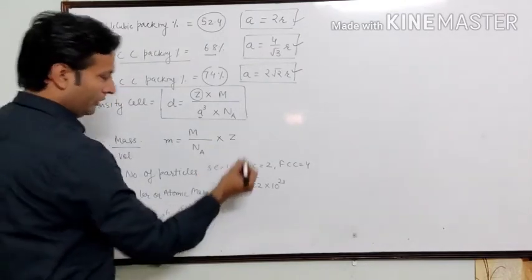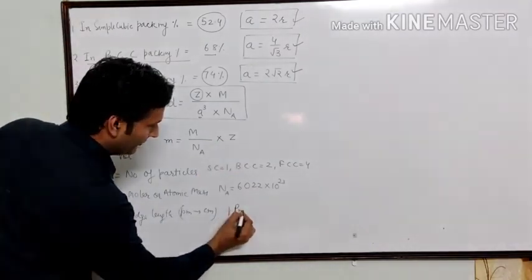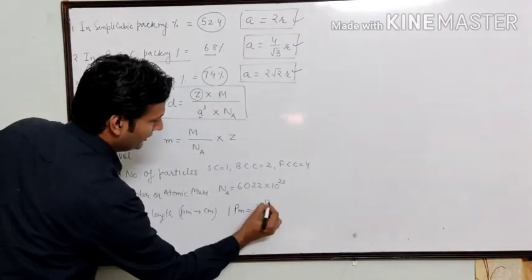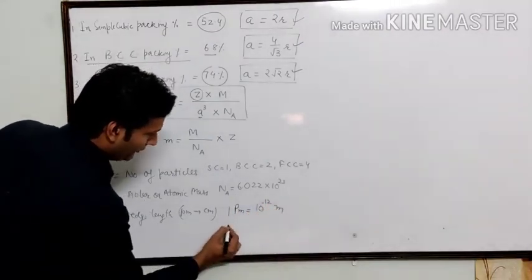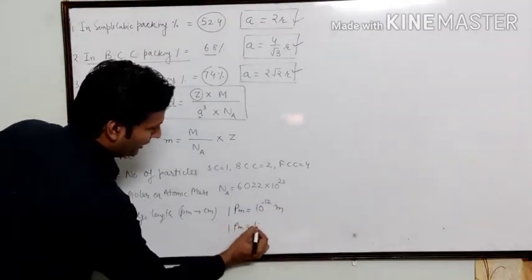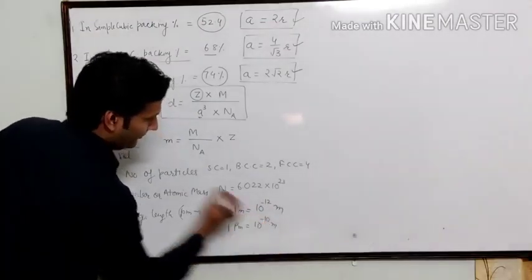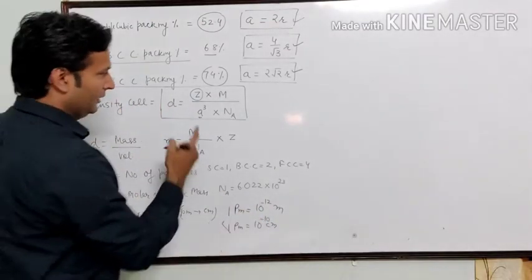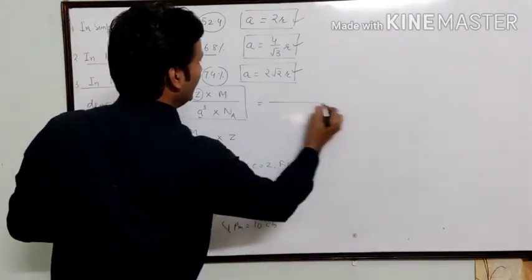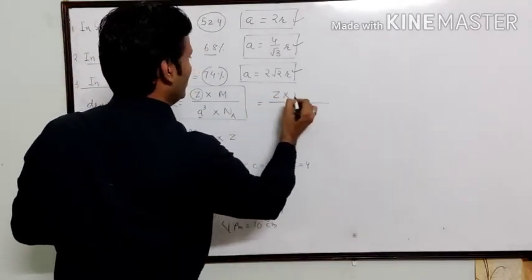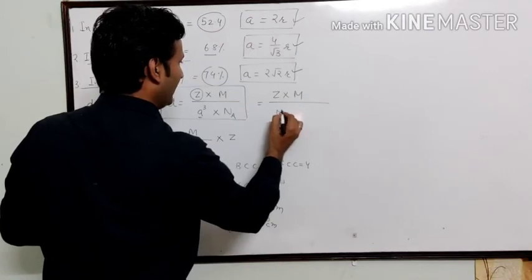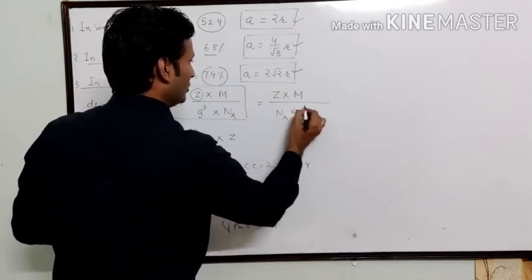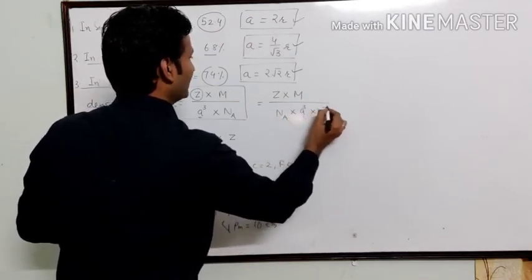1 picometer is equal to 10 raised to power minus 12 meter, or 1 picometer is equal to 10 raised to power minus 10 centimeter. So if I am considering centimeter, the formula will become D is equal to Z into M upon NA into a cube into 10 raised to power minus 30.